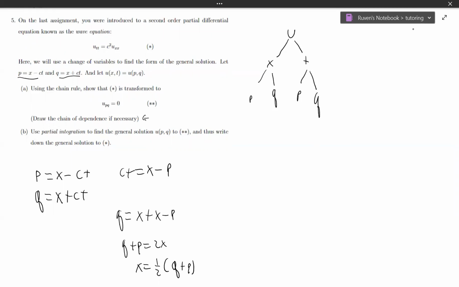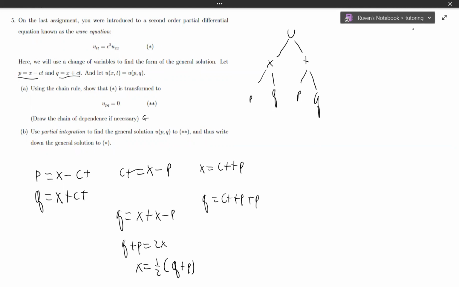Okay, now let's find what t is. So now I'm going to isolate for x. So x is equal to ct plus p. q is equal to ct plus p plus p.